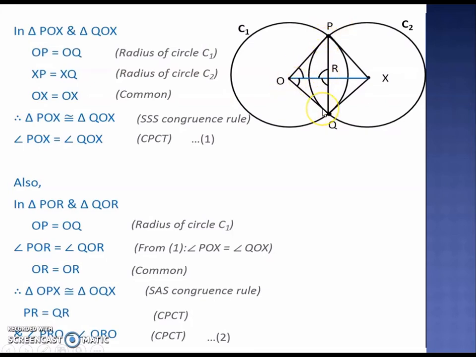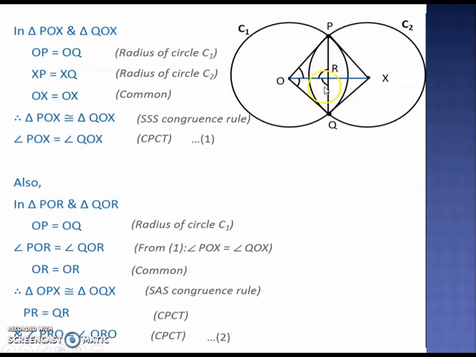PO and QO are radii of the circle, so they are equal, and OR is the common side. So we can say by SAS that these two triangles, POR and QOR, are also congruent. So by CPCT, angles PRO and QRO are also equal.